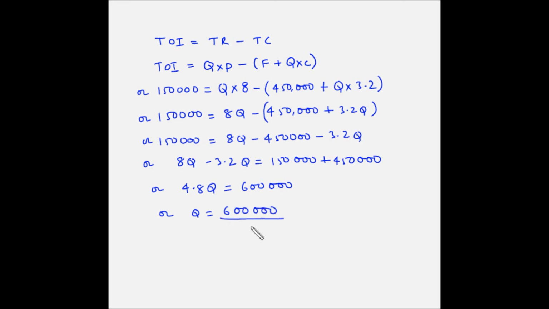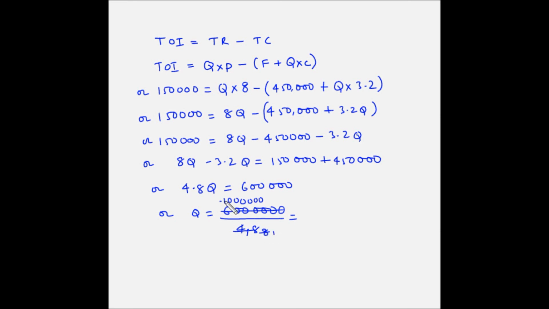or Q is equal to 600,000 divided by 4.8, which is equal to, so we can remove this decimal here, and because this is after one digit, we can add a 0 here. Now 6 ones are 6, so we'll add all the remaining zeros, and 6 eights are 48. Now let's try and divide this number by 8.